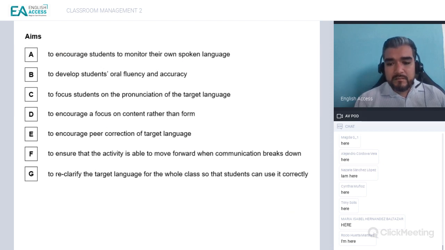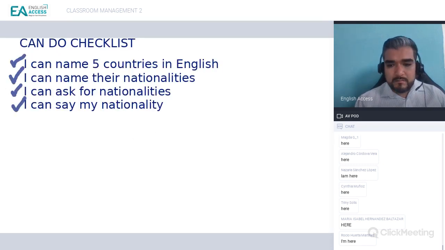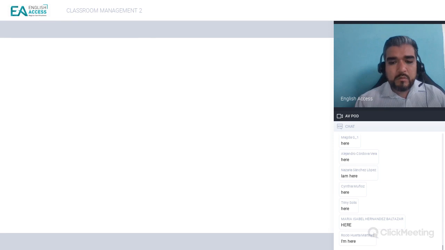So these are aims. We're going to do it the same way we did it yesterday. I'm going to write something on the board. You need to read it and match it with one of these aims.